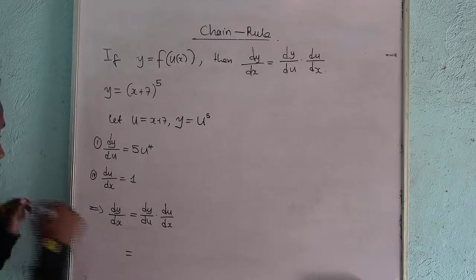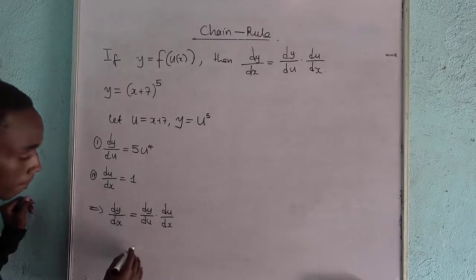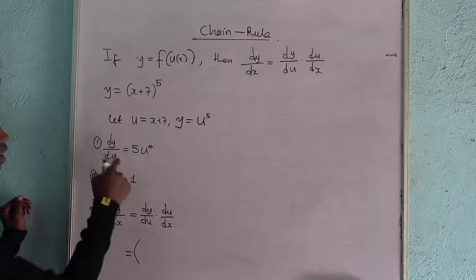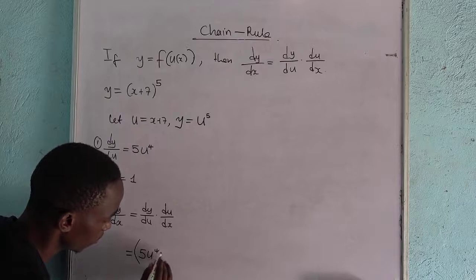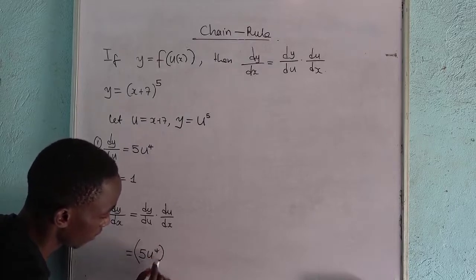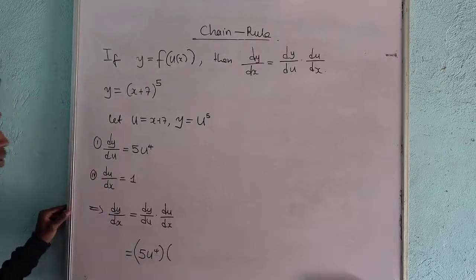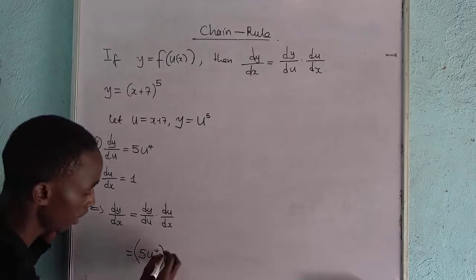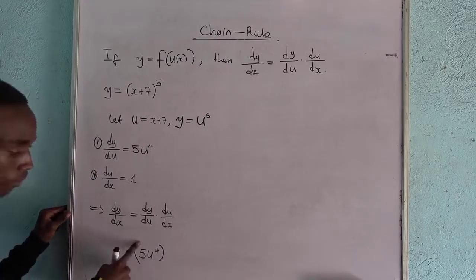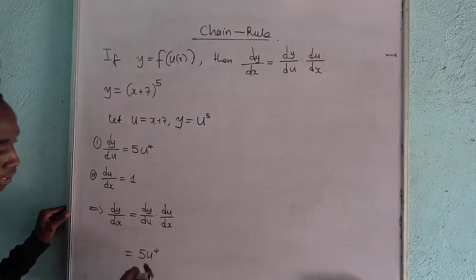What is our dy/du? It is 5u to the power of 4. And then since these two are multiplying, we have du/dx, which is just a 1. So it's just what we have multiplied by 1.